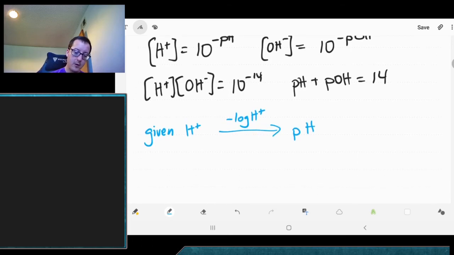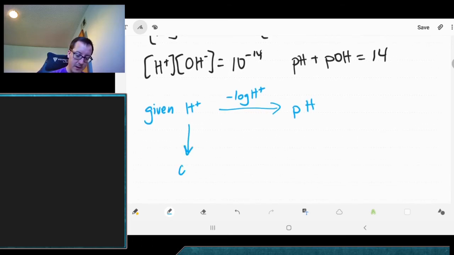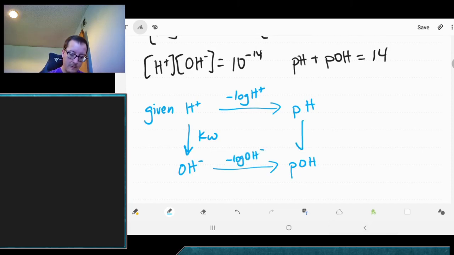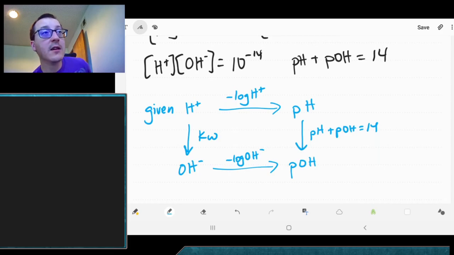We could go to OH minus by using Kw, which was 10 to the minus 14. We can also go to pOH by doing the negative log of OH minus, or we can use that formula there. So now, given one of these four things, you can calculate the rest of them.